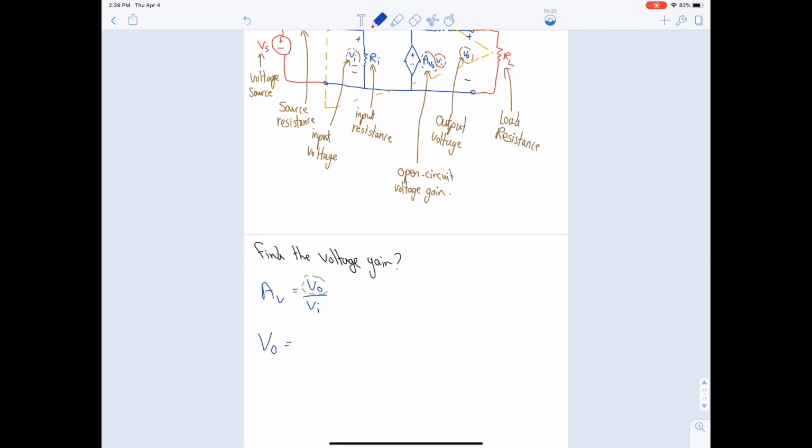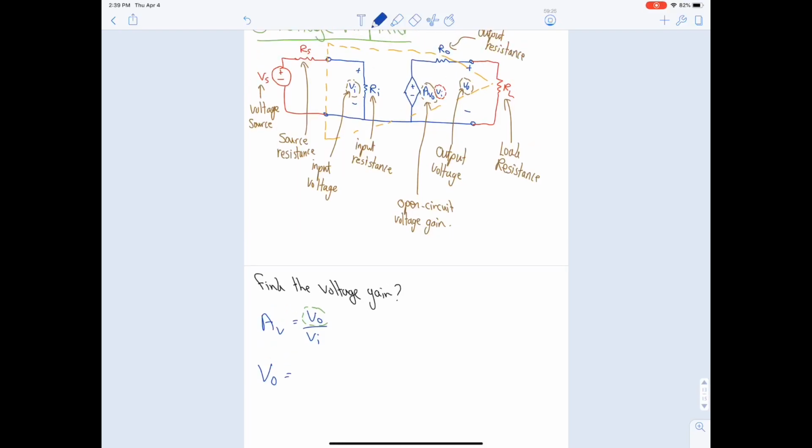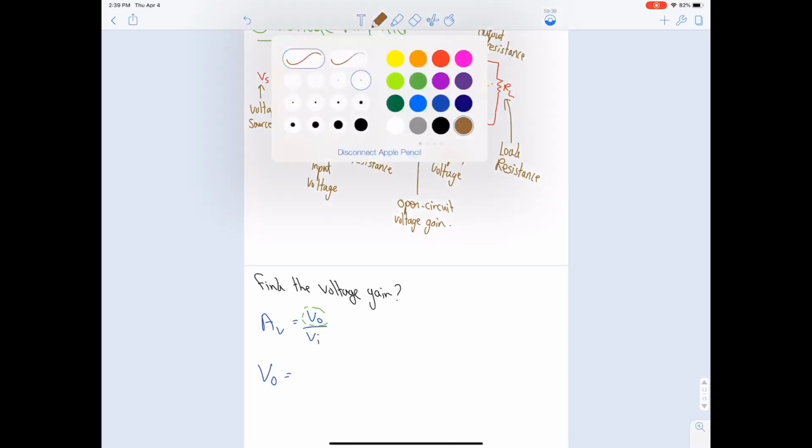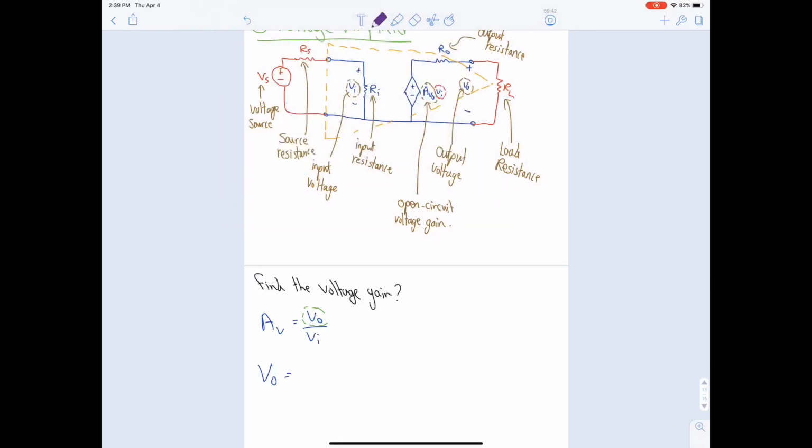So where's the output in the circuit? It's in here. This is the output. Where's the input? This is the input. Now try to find a relationship between the output and the input. V output is very far from V input, but if you notice there's another V input in here, right? So how can we relate V output to V input?